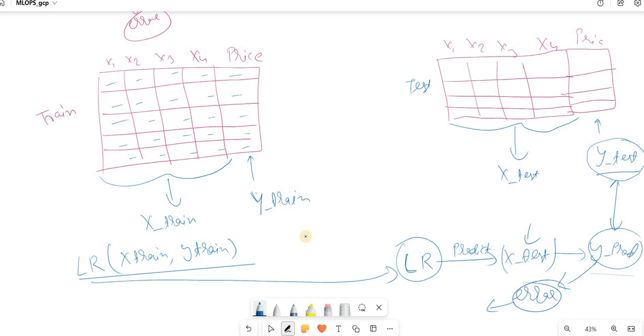We already have the actual y test values, so I will check the difference between y pred and y test, subtracting one from the other, and I will have the error. If this error is as minimal as the training error, I will say my model is performing well. Is that clear till here?